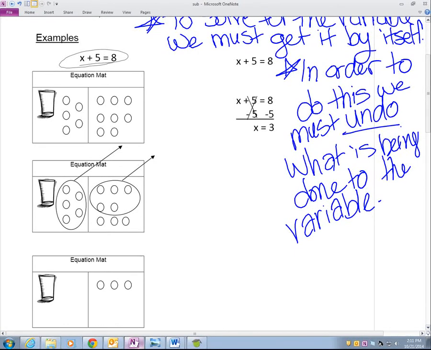We have to undo what's being done to the variable because we want the variable to be by itself. We must undo what's being done to the variable.